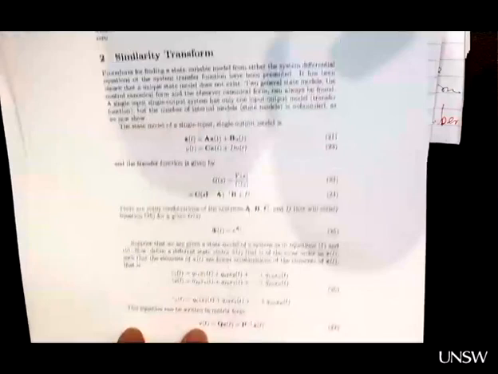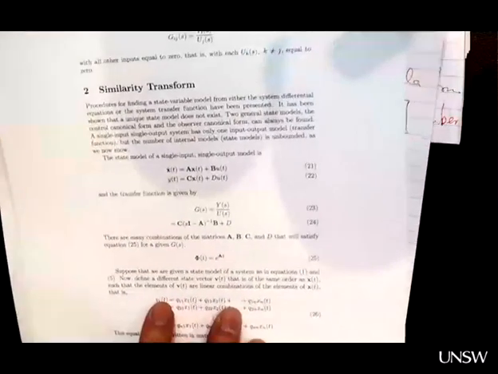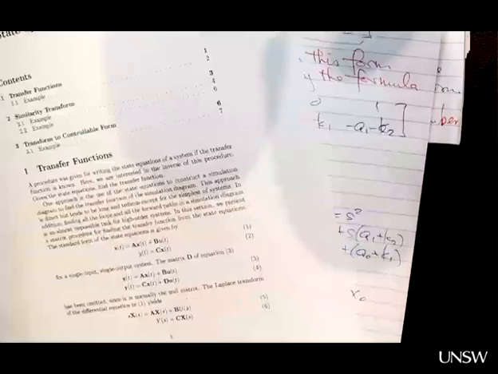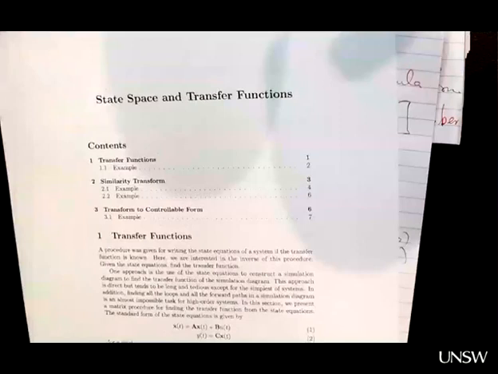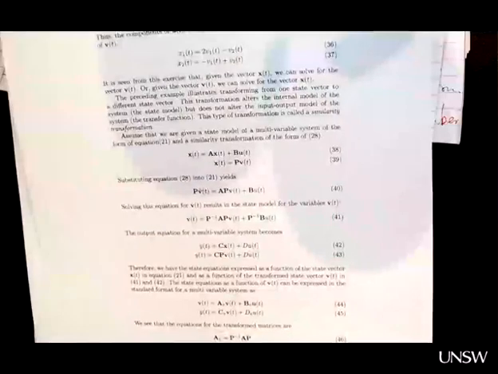In one of the lecture handouts, on state space and transfer function, we have the similarity transform method, that can put the matrix from one form to another form.